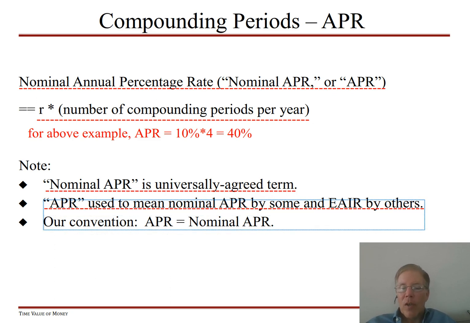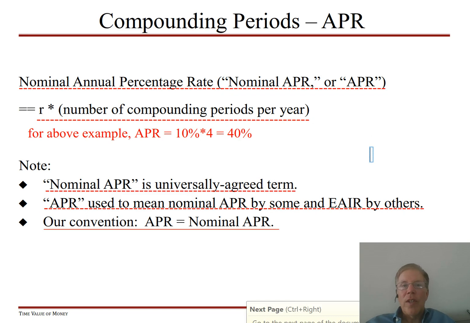Okay, so what are we going to do? We're going to say throughout this text that our convention is whenever someone says APR, they mean nominal APR. So we will avoid confusion, at least internally here.